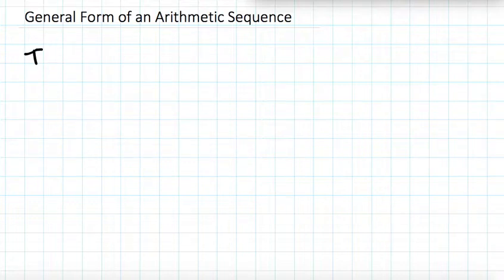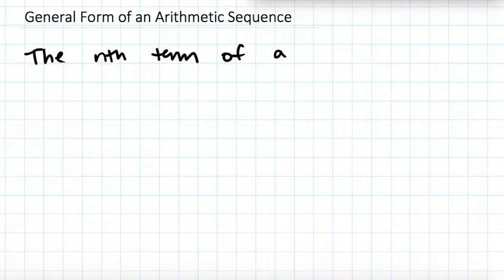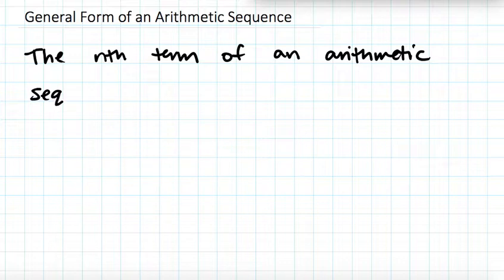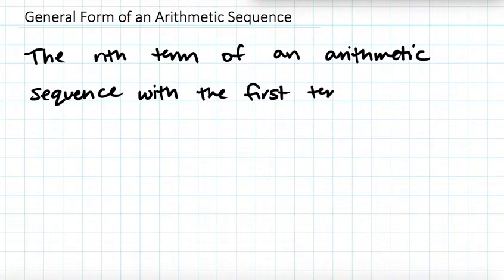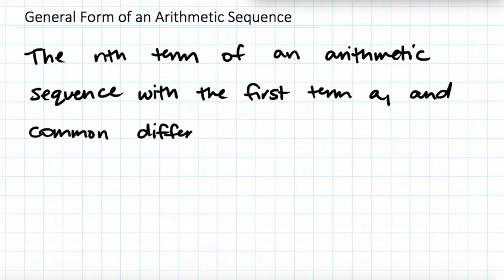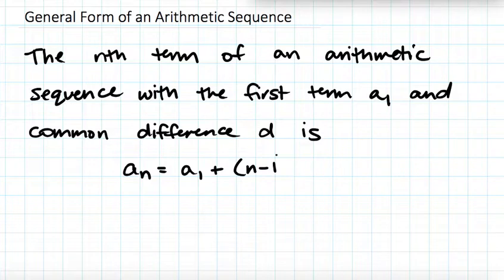If we want to find the nth term of an arithmetic sequence, and note that this formula works for arithmetic sequences only, it doesn't work for any sequences, with the first term A1 and common difference D, it is A sub n equals A sub 1 plus n minus 1 times D.